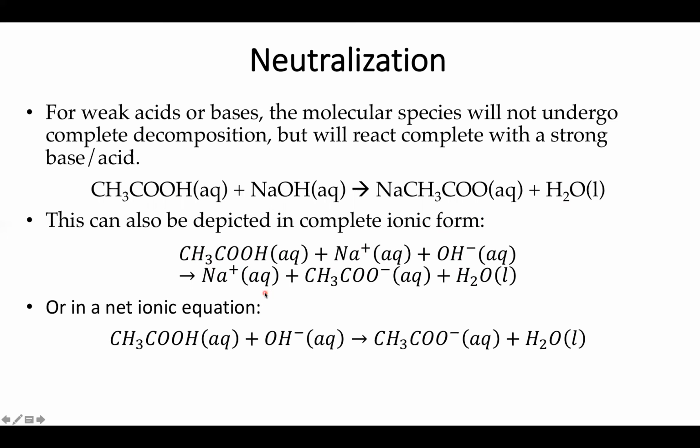So this produces a net ionic equation of acetic acid plus hydroxide, producing acetate and water. And this is a very common sort of motif when we're looking at weak acid strong base reactions.